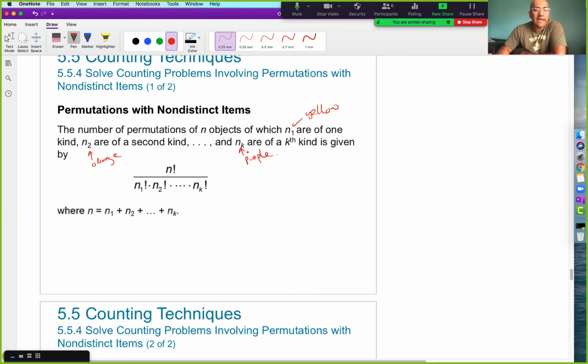So there are k colors running around. Good. And then if we add up all the yellow plus all the orange plus all the purple plus dot dot dot, gives us all the markers we have total. Good. Okay, so the number of ways to completely rearrange them all when some of them are identical is this formula that we worked with before.